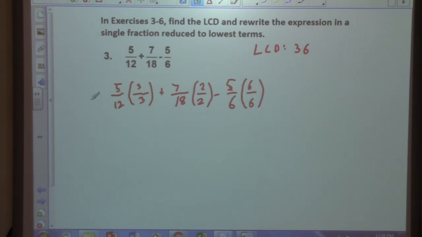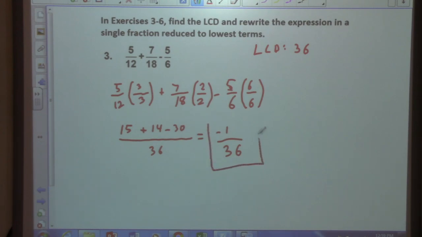So now we can just go ahead and write this out. So we got 15 plus 14 minus 30 all over 36, which simplifies to negative 1 over 36. Okay, so that's going to be our answer here.